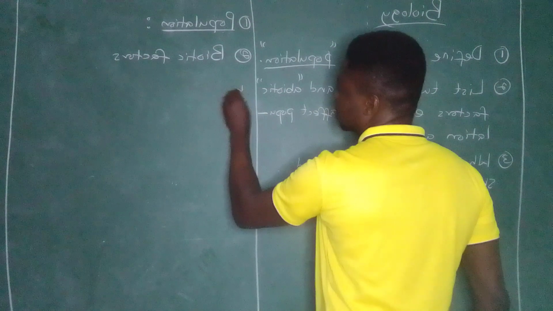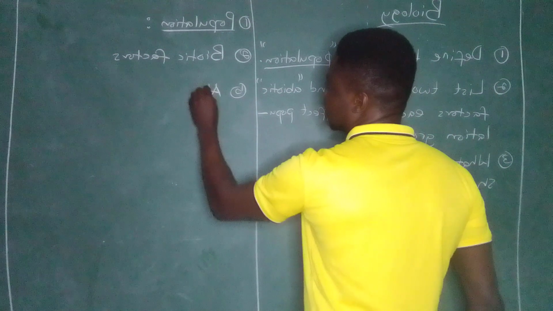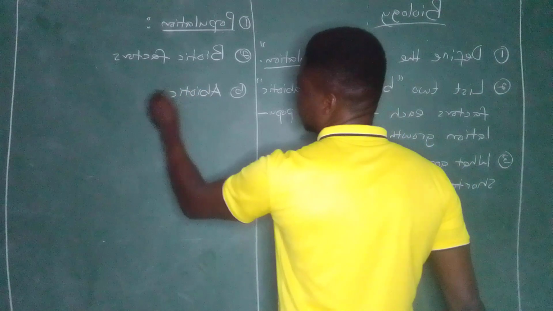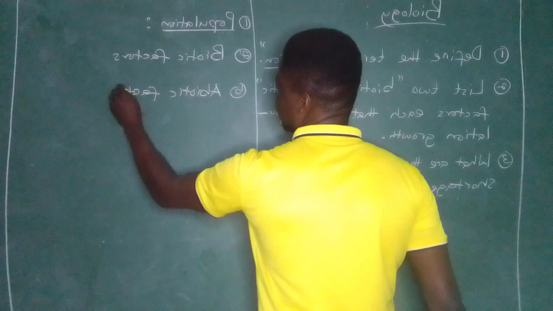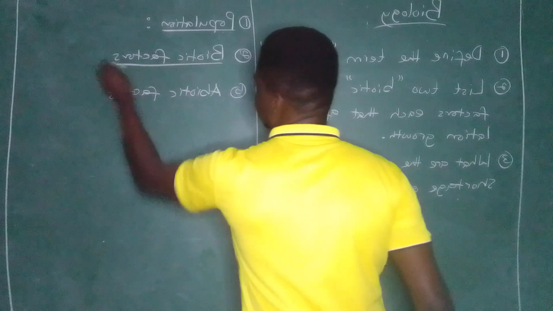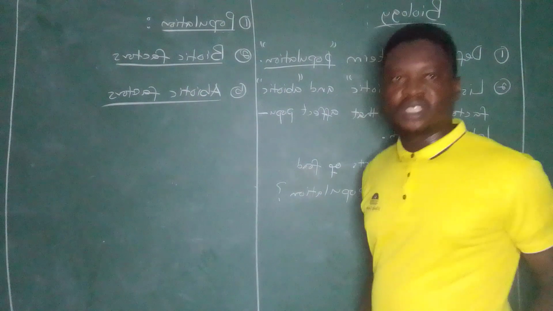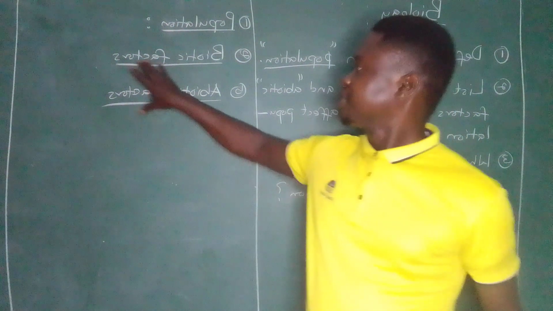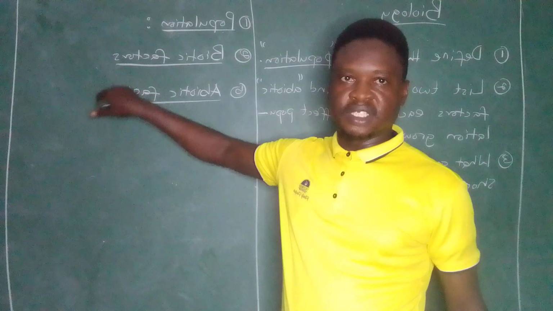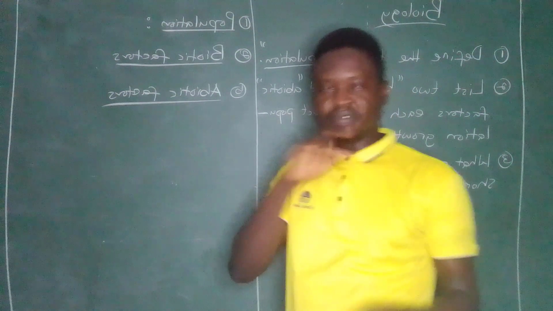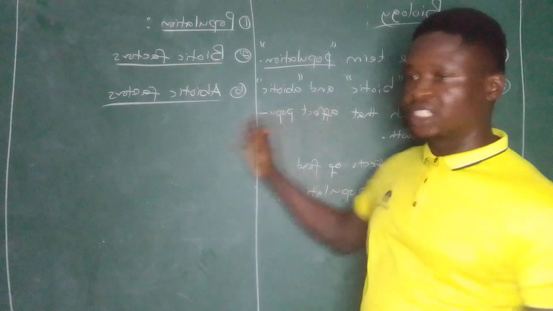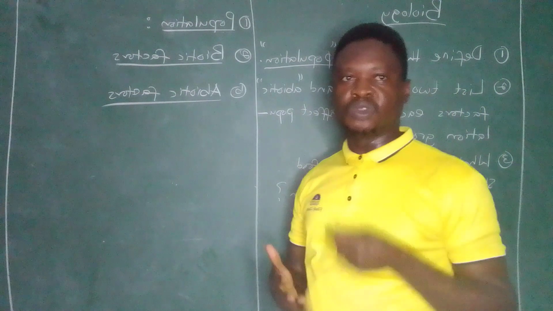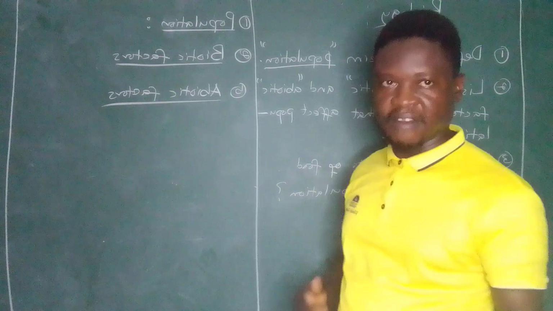So let's call this 2B. Abiotic factors. Let's look at what you mean by biotic factors and abiotic factors before we start giving examples, so that we understand what we are listing.